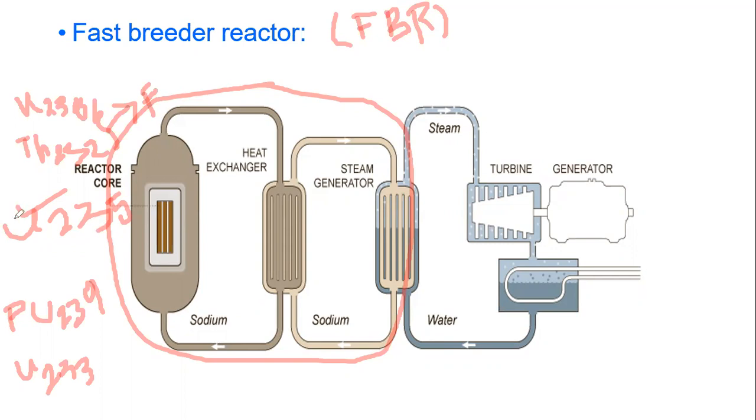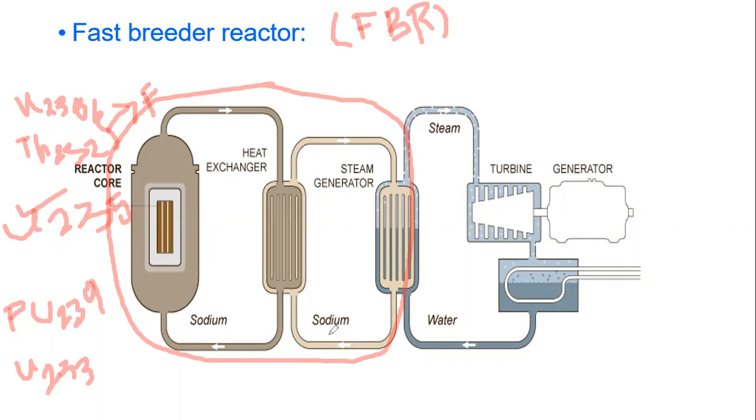These fissionable materials are surrounded with the fertile materials, uranium 238 and thorium 232. We are using two heat exchangers, heat exchanger 1 and heat exchanger 2. There is no use of a moderator, that's why we are using the fertile materials. The cooling process uses sodium as the coolant.